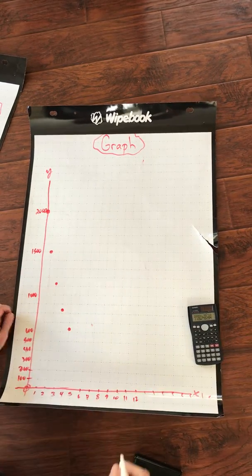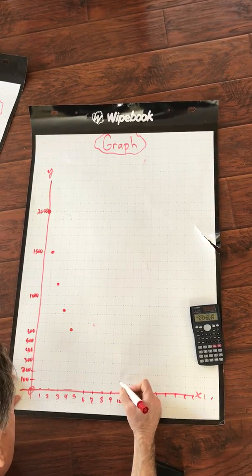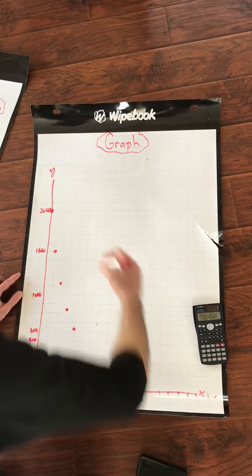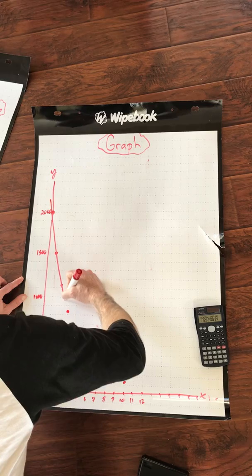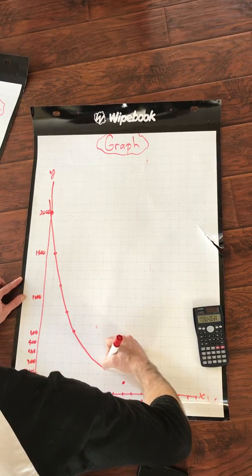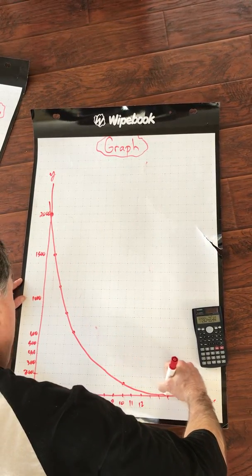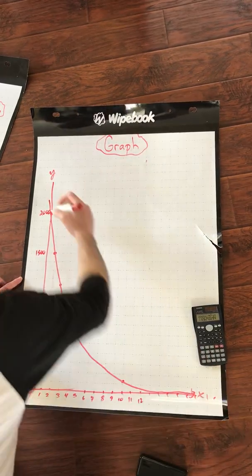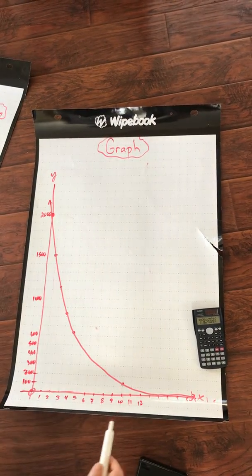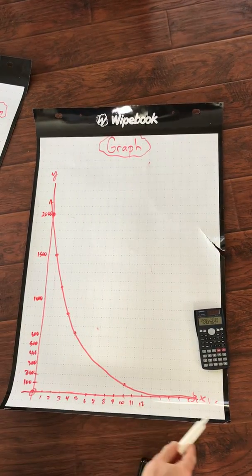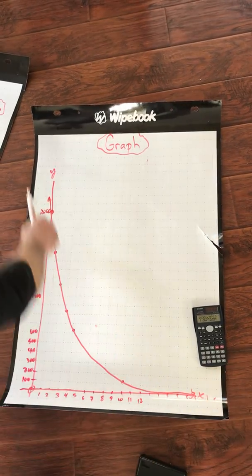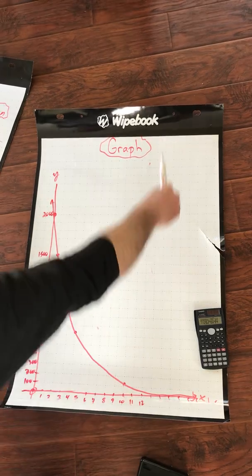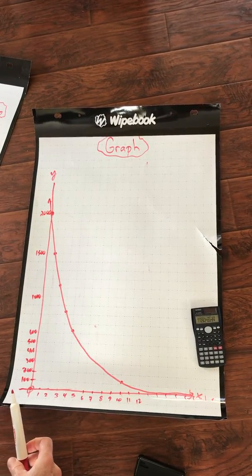After 10 weeks, we're at 112. All right, and you guys can kind of see how this graph is going to get smaller and smaller and smaller. Okay, so you can see that exponentials aren't necessarily growth. Sometimes they are decay. If it was growth, it would go up that way like the graph we had before.